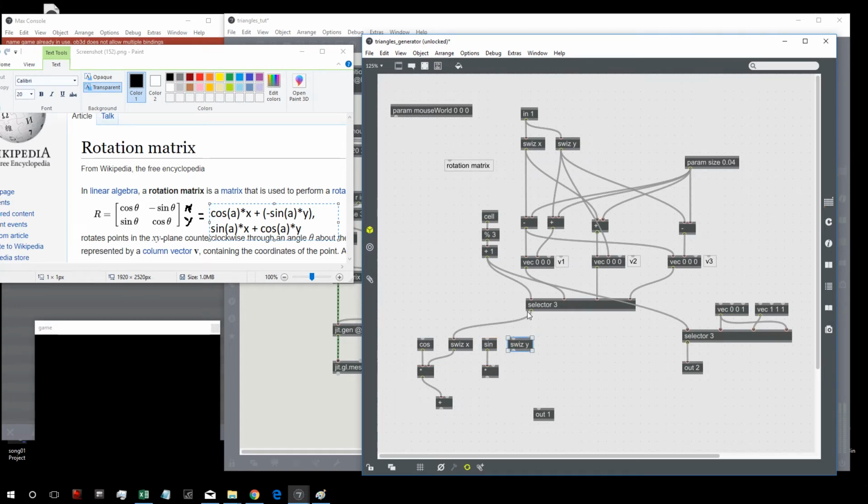So actually instead of summing, since it's a plus minus something, we can just subtract that, and this will be our new x.